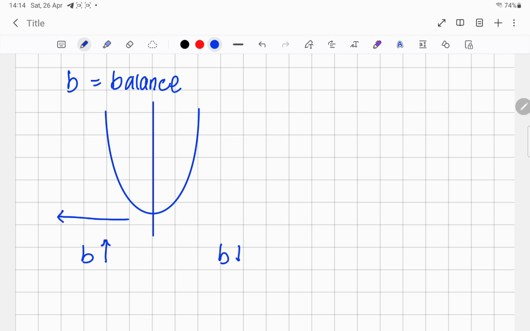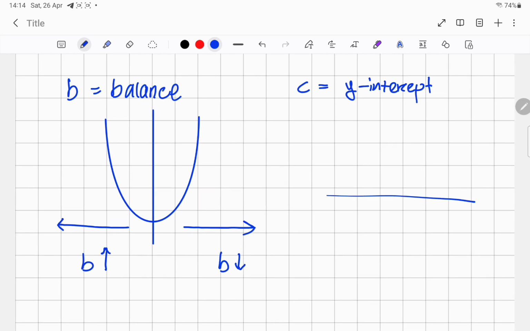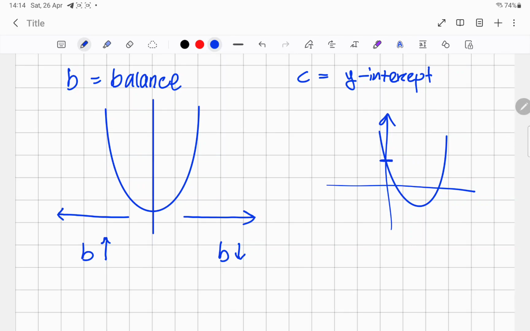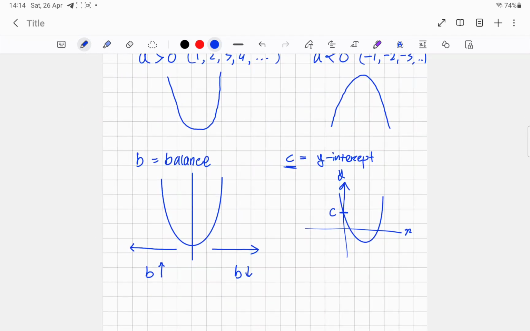But if your b decreases, your graph will go to the right. And c is the intercept. When you draw a graph, the y-intercept, where the graph cuts the y-axis, is the value of c.